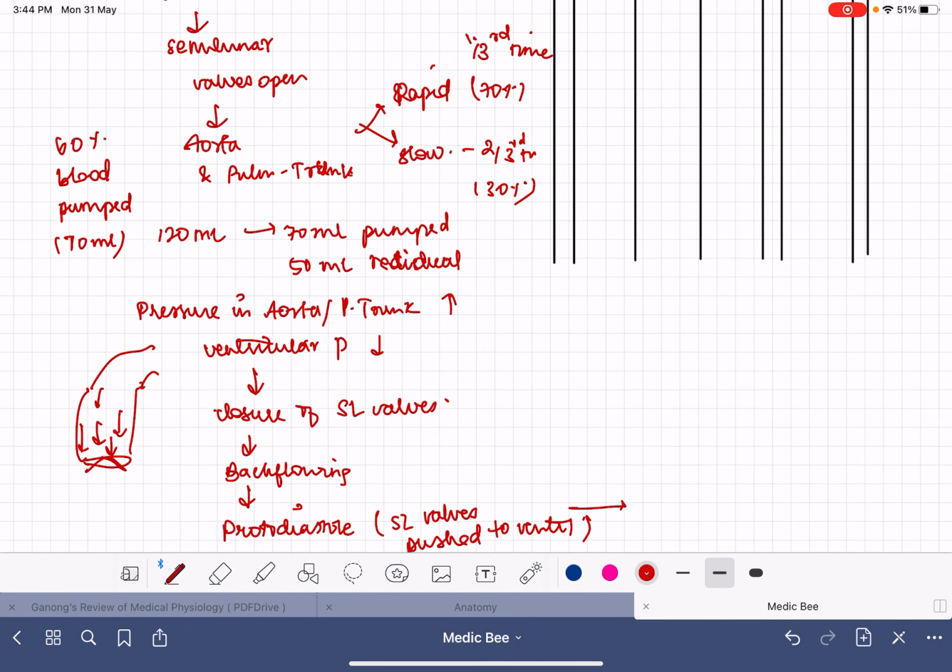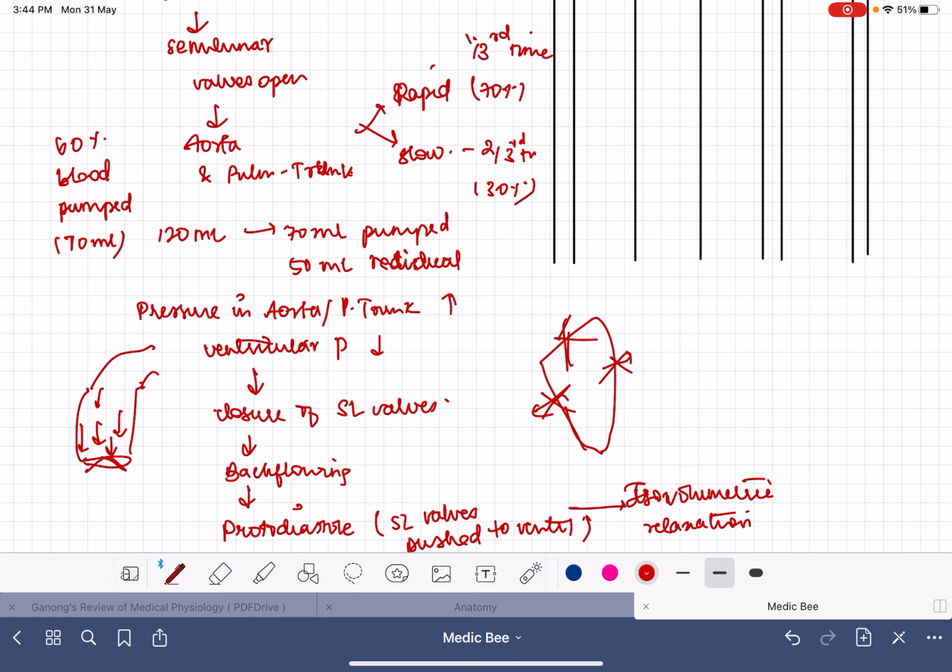And after that, isovolumetric relaxation. Isovolumetric relaxation means that the ventricles are relaxing, but there is no change in the volume because the semilunar valves are closed. So the ventricular chamber will be an airtight chamber. There is no passage for the blood to go out.